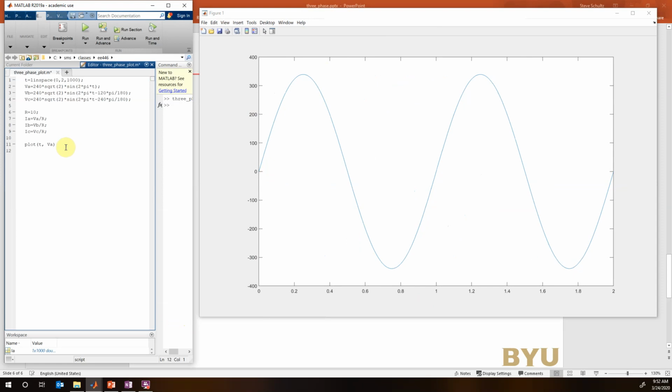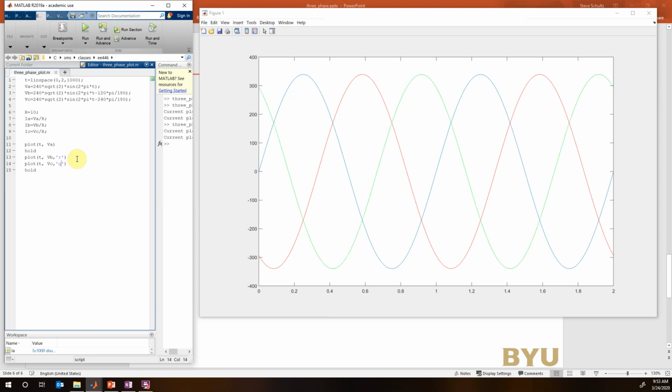Now we're going to plot my VB. And you see here's my VA going up, and then the VB is just shifted. So you see it has a shifted version of this. And then we can go ahead and plot our VC. And you see, it's going to be shifted again.